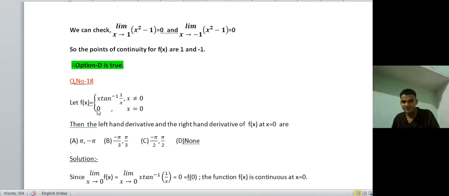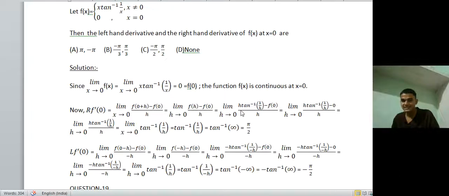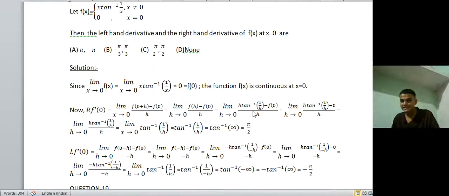Clearly f of 0 is equal to 0, and f of h is equal to h tan inverse 1 by h. So this is h tan inverse 1 by h minus f of 0, and f of 0 is equal to 0.